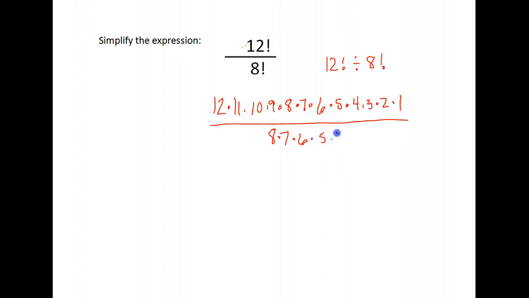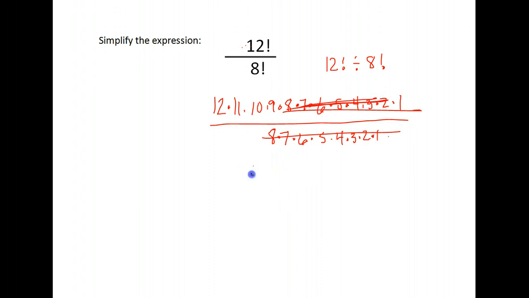Now, as I write these down, notice that the cool thing about dividing factorials is whichever number is smaller. Notice on the bottom I have 8, 7, 6, 5, 4, 3, 2, 1. On the top I also have 8, 7, 6, 5, 4, 3, 2, 1. So actually I can divide into those and cancel.